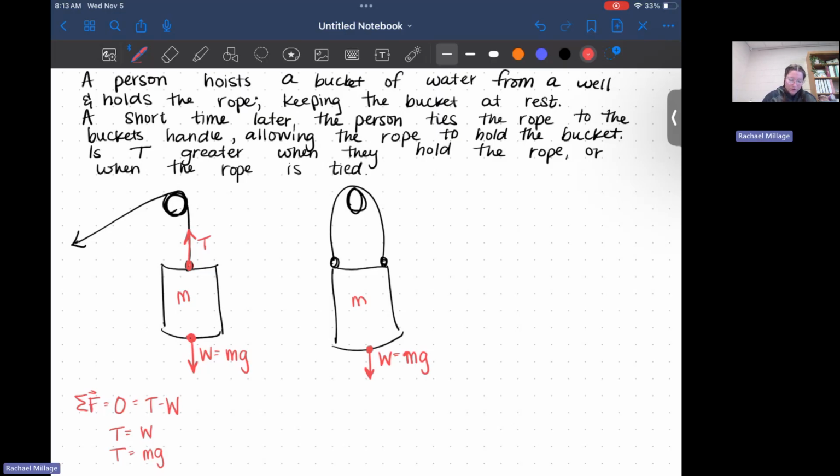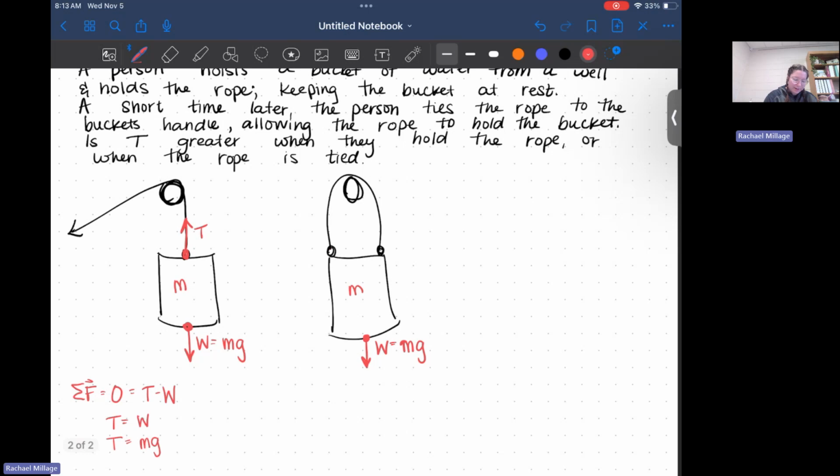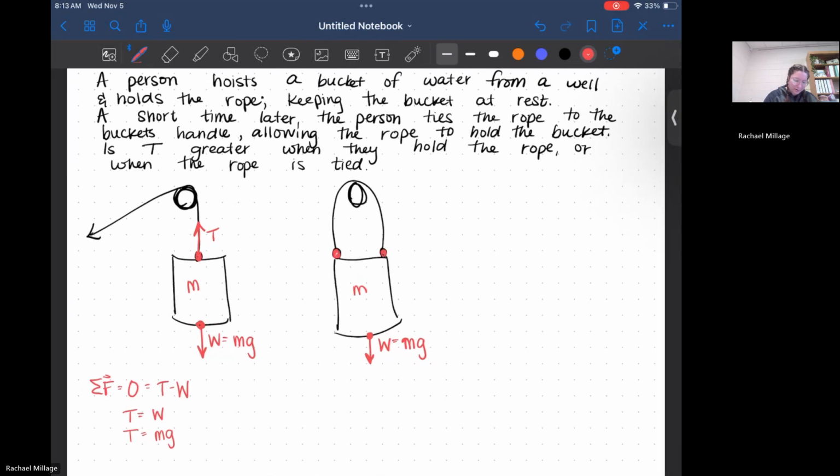Now let's think about the second case. We have the weight of the bucket holding it down. Now we have to think about the other forces acting on the bucket. But hey, we have 2 points of contact here, which means that we're going to have 2 forces here. Since it's a pulley system, this rope is going to be equal on both sides.